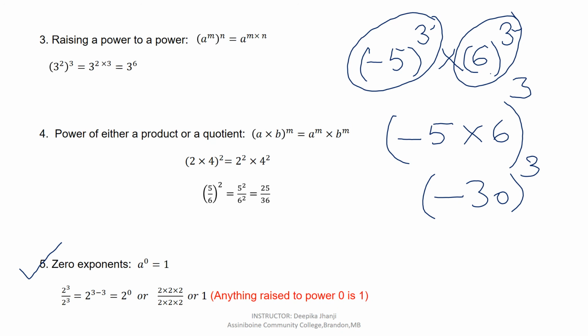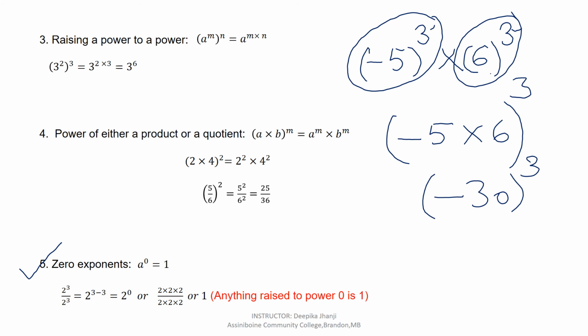Now by law of exponents of division, because the bases are same, powers must be subtracted, right? So keeping one base 2 and then subtracting the powers, we get 2 raised to power 0. And the law says whenever you have any number raised to power 0, it should be equal to 1. So this becomes 1.